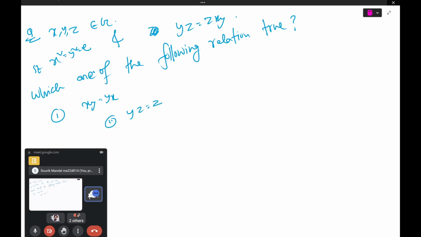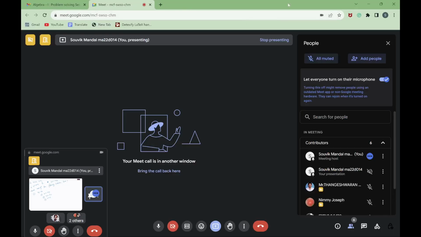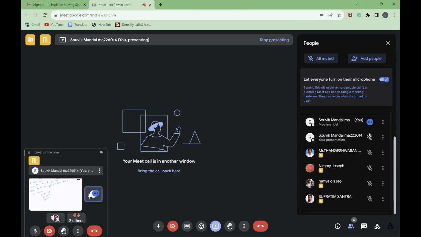Second, yz is equal to zy. Third, z is equal to xz. Fourth, z is equal to something else. So given x, y, z three elements of a group G, such that x squared equals y squared equals identity, we have four relations. Now we need to determine which one is true. Think about it and let me know the answer.